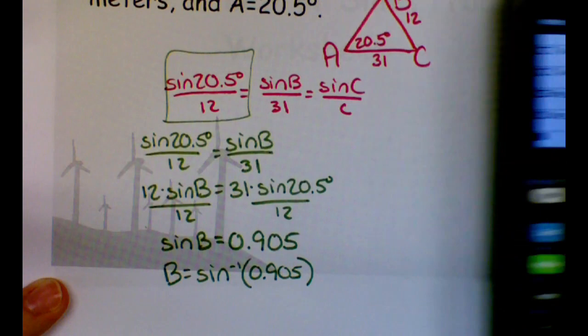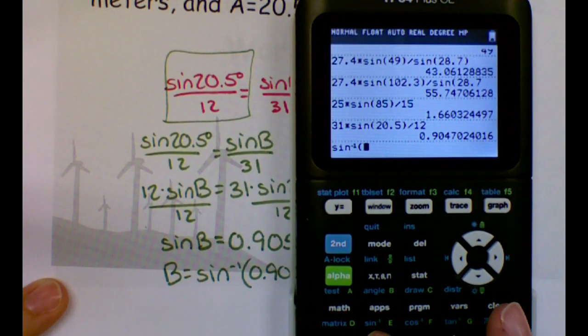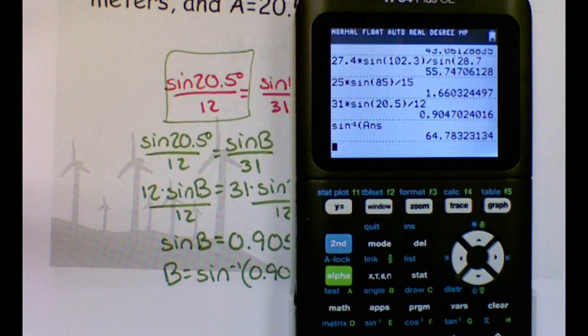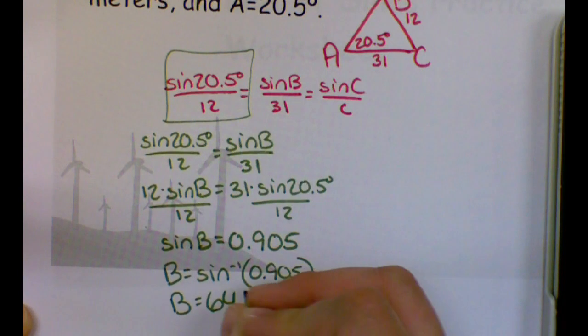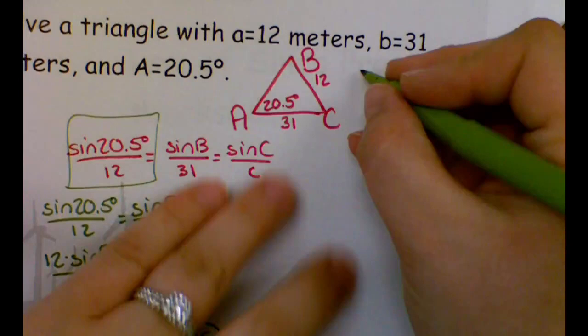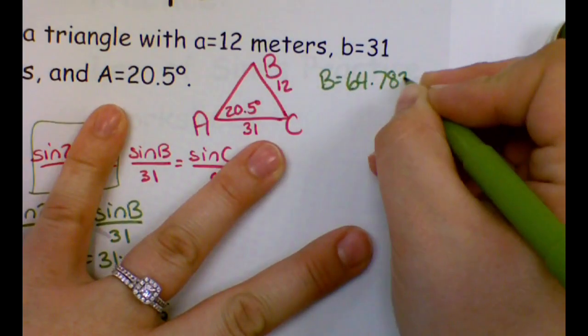Now to be super safe, take your calculator, do second sine to get sine inverse, and then second ANS. Mine is on the negative key. Press enter, 64.783 degrees. Okay, I didn't make myself a little box here, but angle B is 64.783 degrees.